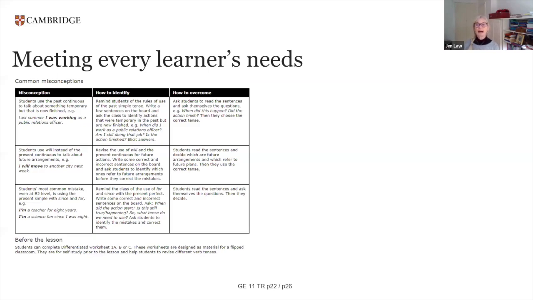Think about how you can set up all your learners for success. Some might need additional support and some might need additional challenges so they can all reach their full potential at that moment in time. And Cambridge Global English has built in lots of support to help you provide for your individual learners' needs.